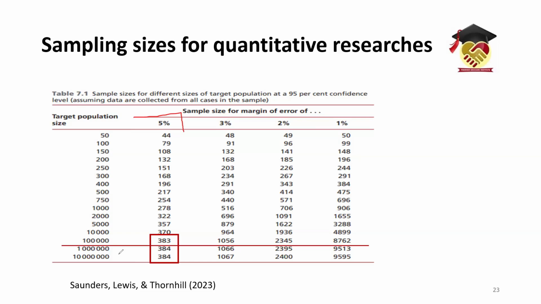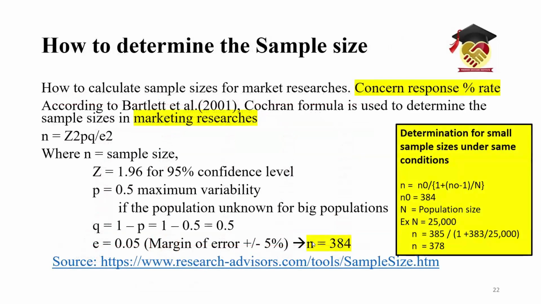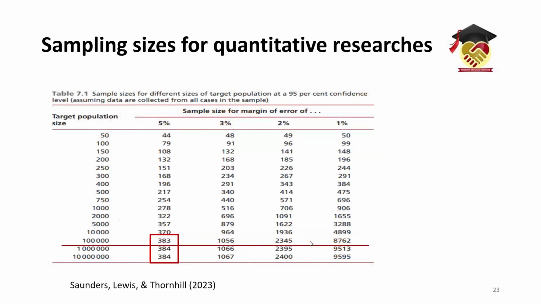Remember, how did you calculate this 384? Here the great scholars, Saunders et al., have not mentioned how to calculate, but I have explained clearly how to calculate it. This is how Saunders, Lewis, and Thornhill have calculated it. The first column is for business people.